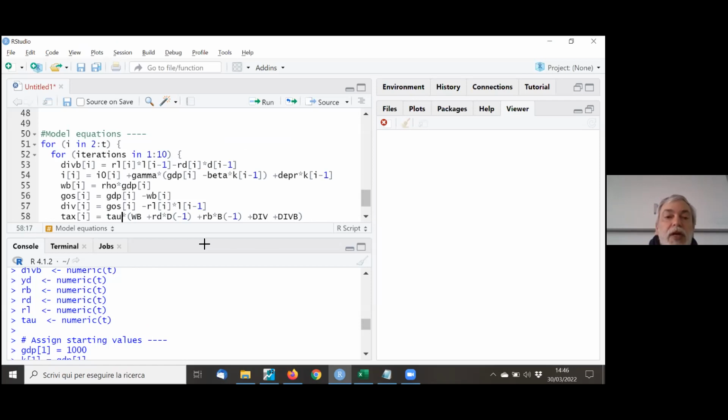So this will be tau, which is a parameter, WB_i, RD_i, WB has to be lowercase. This is D_i minus 1.